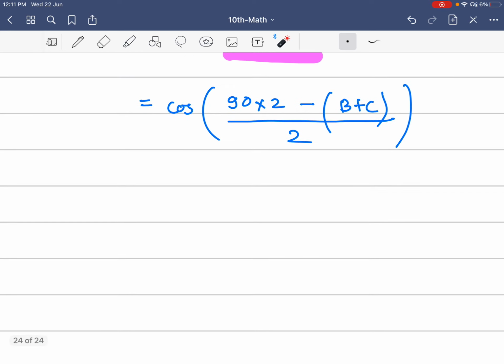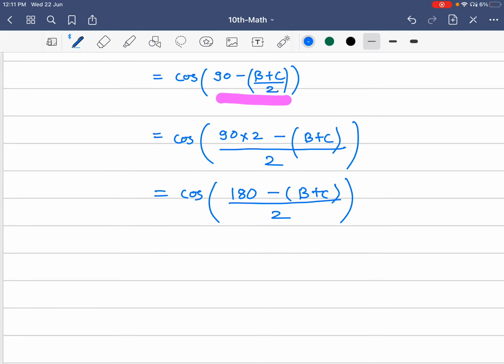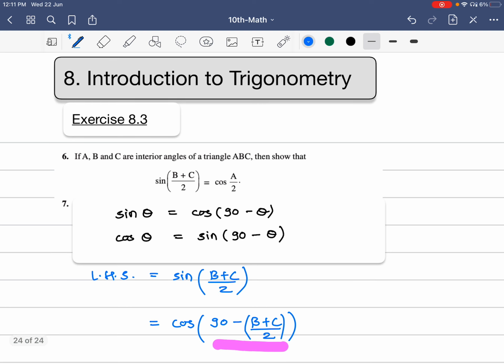So let's continue. That is equal to cos of 180 minus (B plus C) the whole divided by 2. Now let's come to the question. We are given that A, B, C are interior angles of triangle ABC.